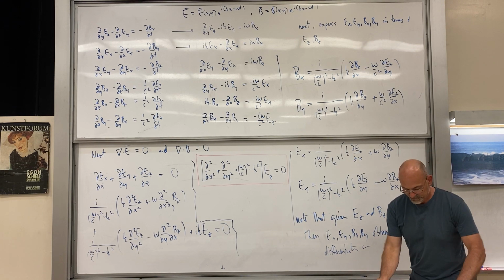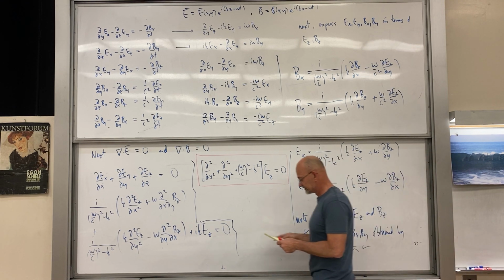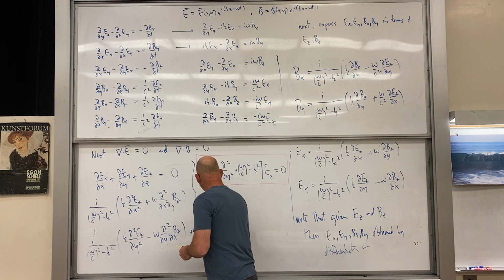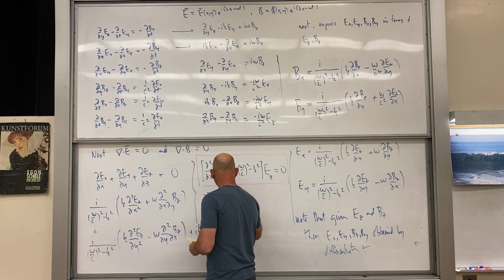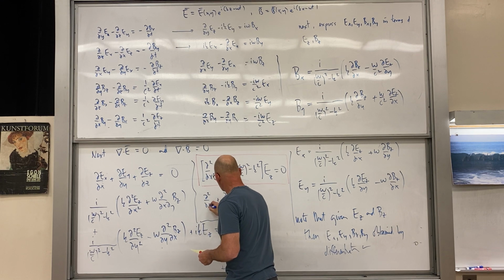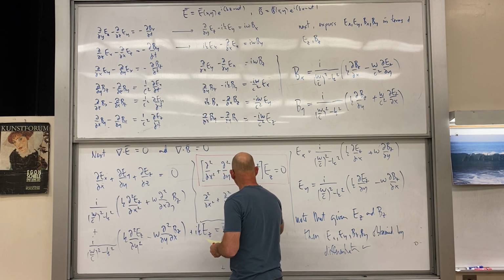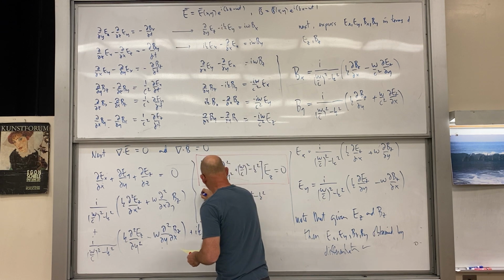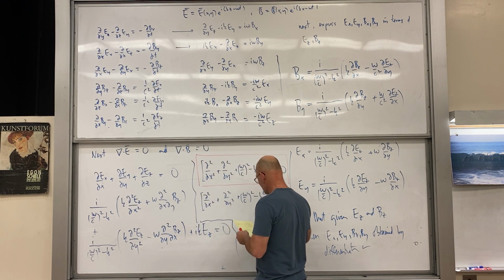Same thing for B: (∂²/∂x² + ∂²/∂y² + (ω/c)² − k²) operating on B_z is equal to 0.